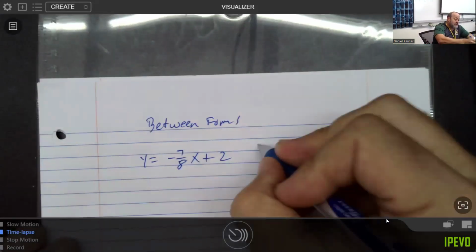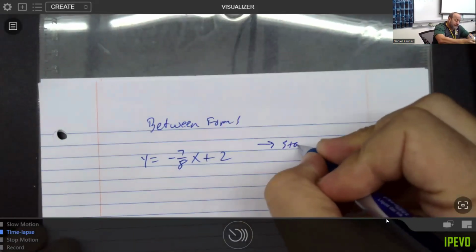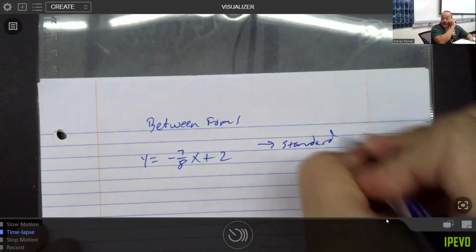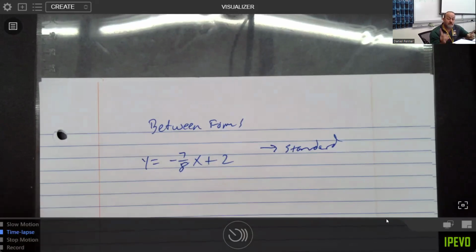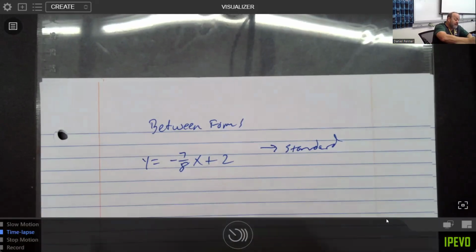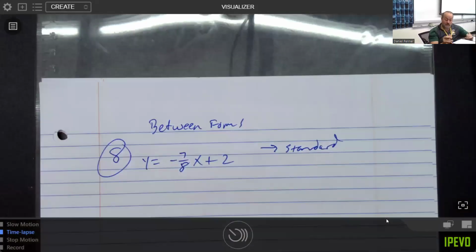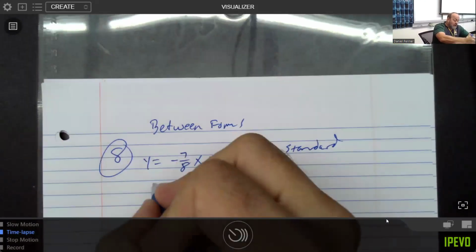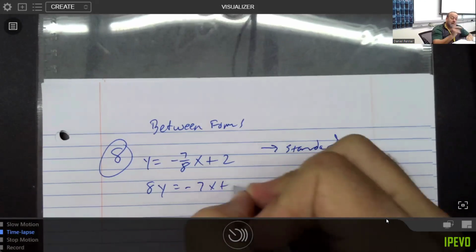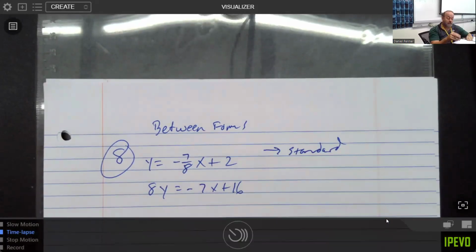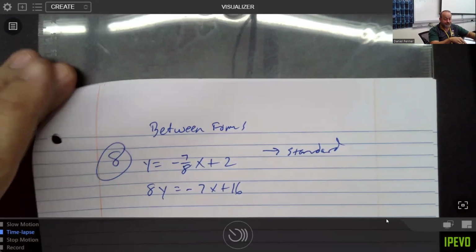And let's say somebody says, I want to go to standard. Again, not particularly difficult because the first thing it says is don't have any fractions. So I can multiply everything through here by 8, which gives me 8y equals -7x plus 16. Be careful that you hit every single piece by that number.